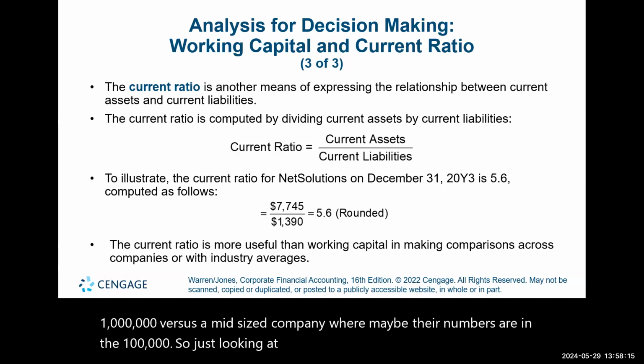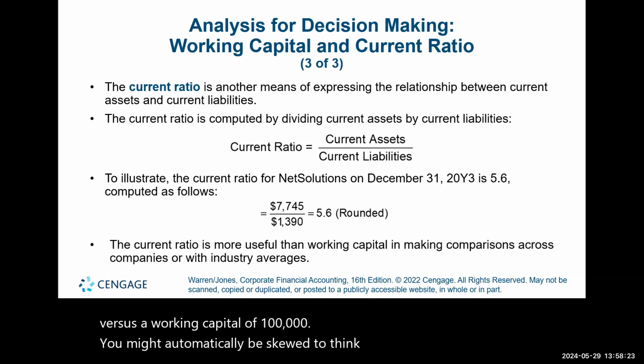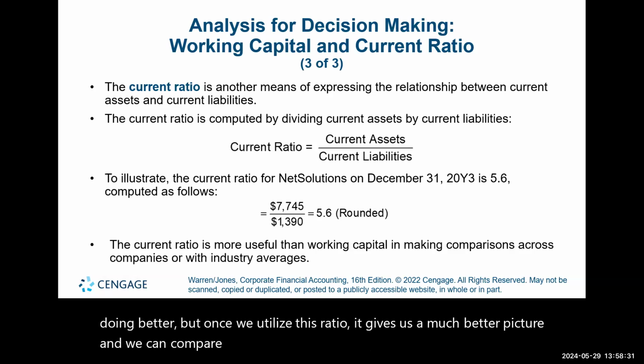If you see a working capital of $1 million versus 100,000, you might automatically think the bigger company is doing better. But once we utilize this ratio, it gives us a much better picture and we can compare across companies or across industries based on the averages.